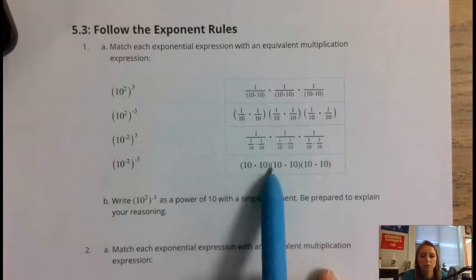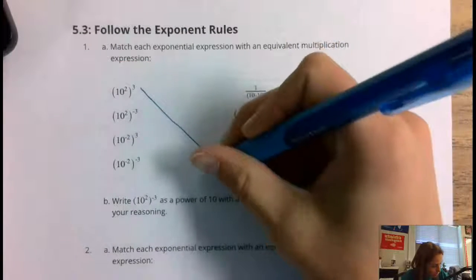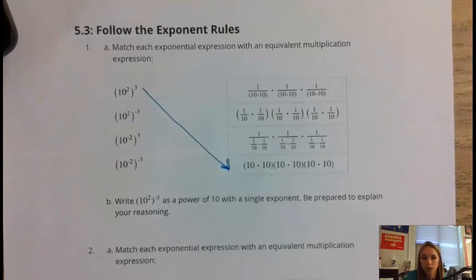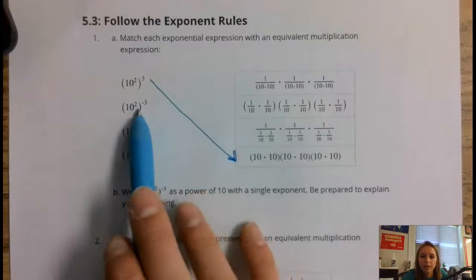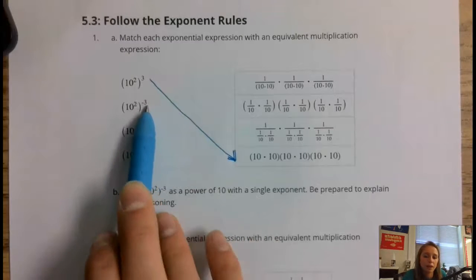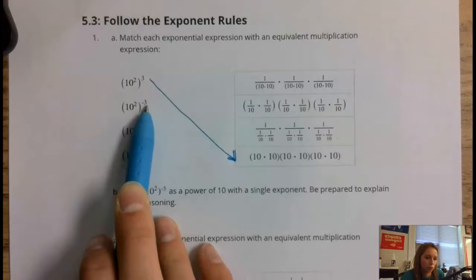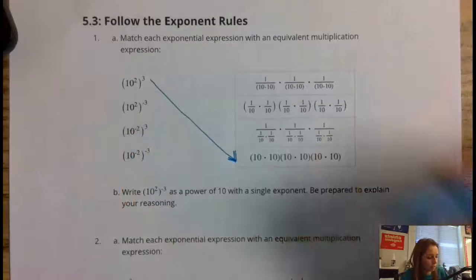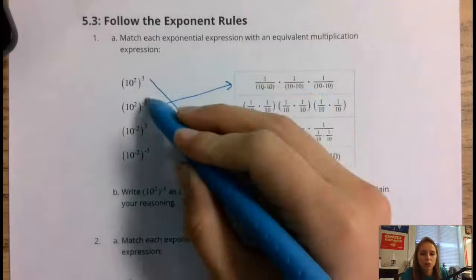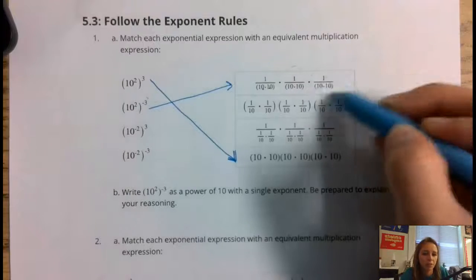And here we have 10 times itself twice, and that's happening 3 times. So that one looks like what we did on lesson 3. Now right here, we have 10 times itself twice, but it's going to be flipped into the denominator for 3 groups. So that one would end up here. We have that 10 times itself twice, but since we're to a negative exponent, ultimately those groups are going to be in the denominator.